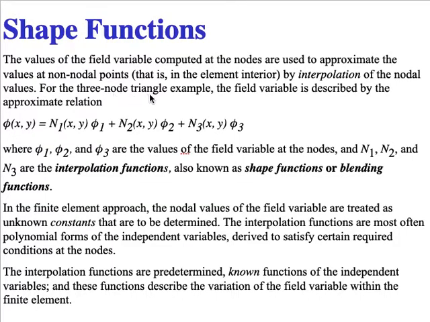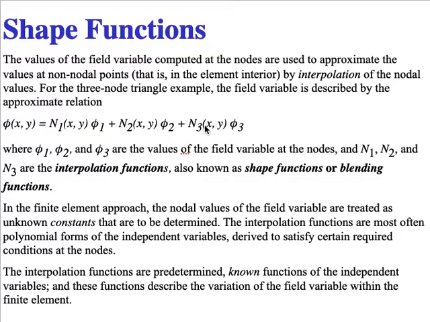For the three-node triangle example, the field variable is described by the approximate relation phi(x, y) = N1(x, y) phi1 + N2(x, y) phi2 + N3(x, y) phi3.